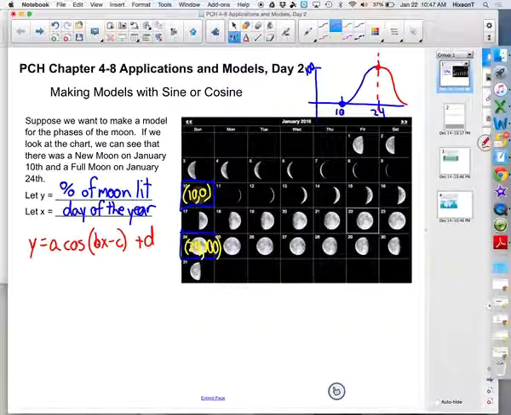Depending on how you see this, you could have it shifted to a lot of different spots, because it's periodic. It's going to repeat. But since we have that one there, let's make that our horizontal shift. So h is 24.